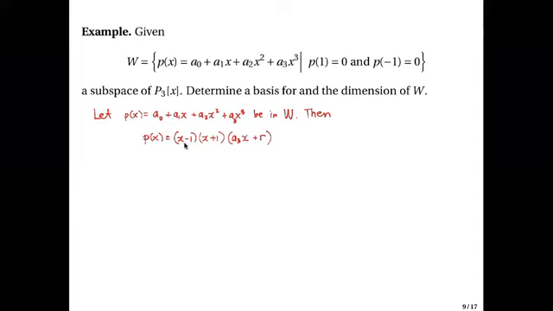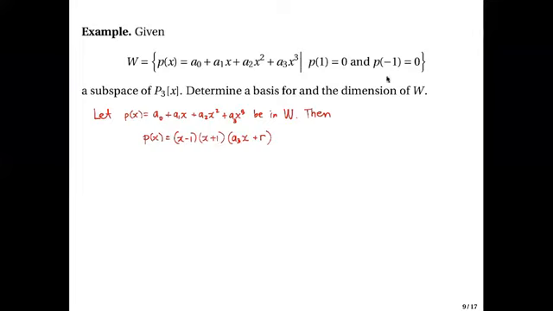Now, how did we get the factor x minus 1? It's coming from this: P of 1 equals 0. As you can see, if you let x equals 1, this will give you 0. So whatever the other factors are, it will still be 0. And then the x plus 1, a similar explanation.